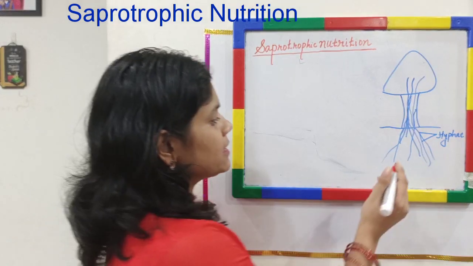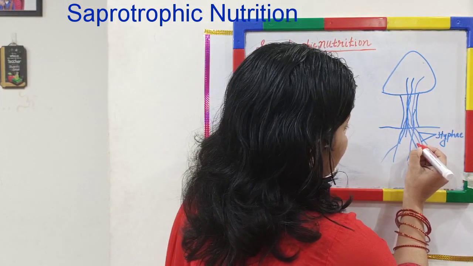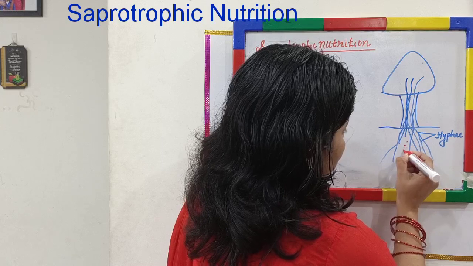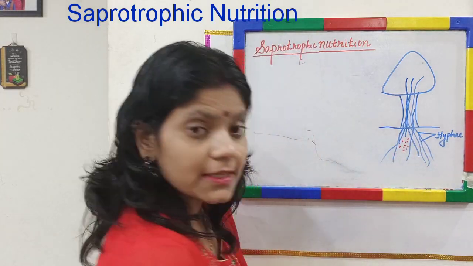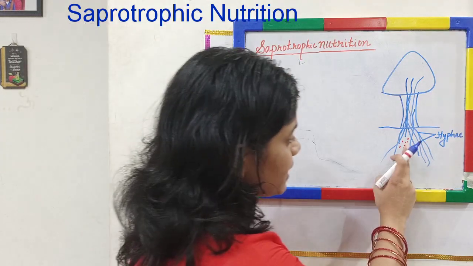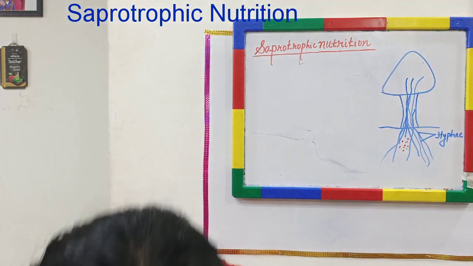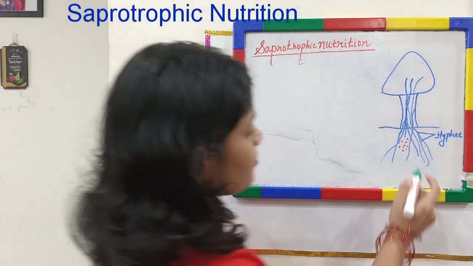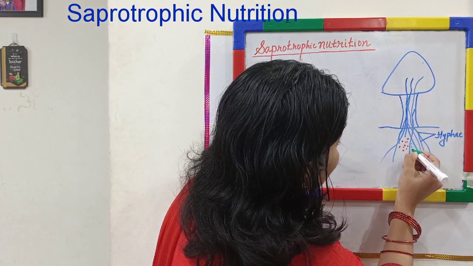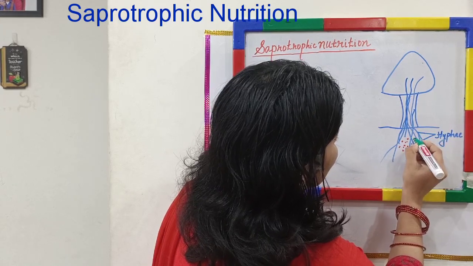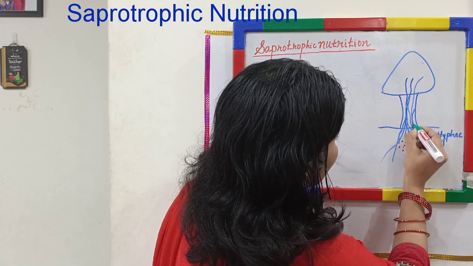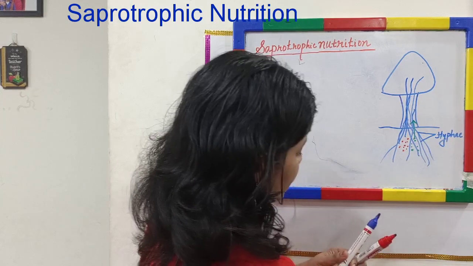They secrete digestive enzymes. What is the function of these digestive enzymes? These digestive enzymes convert the organic matter into a soluble form, and this soluble form may be absorbed by the fungus.